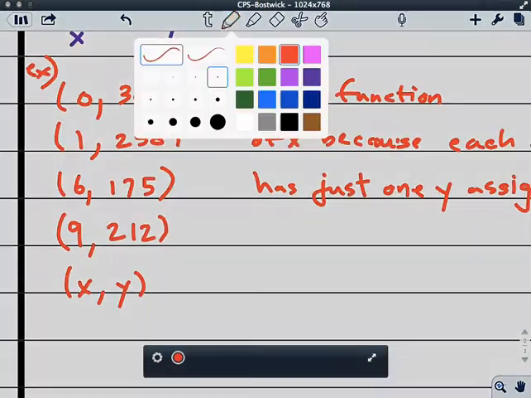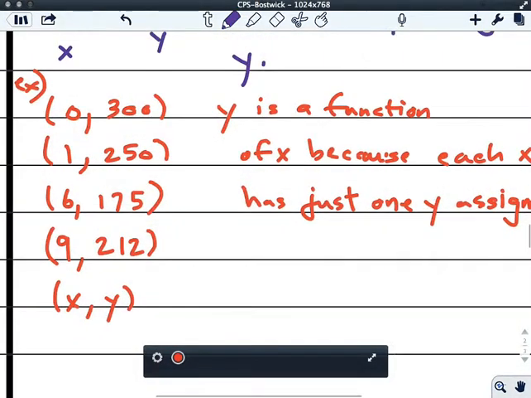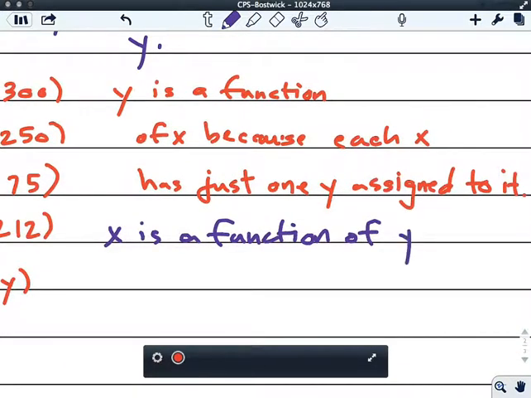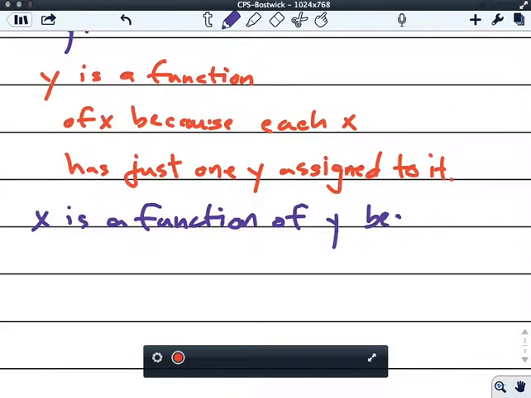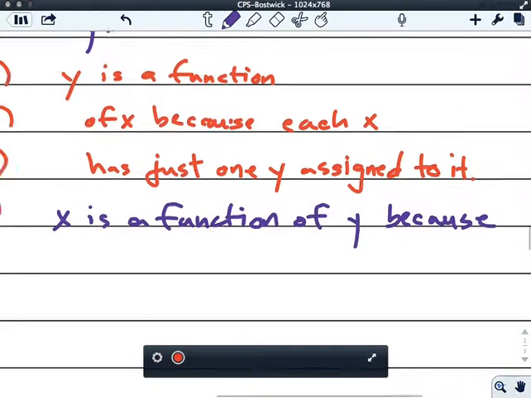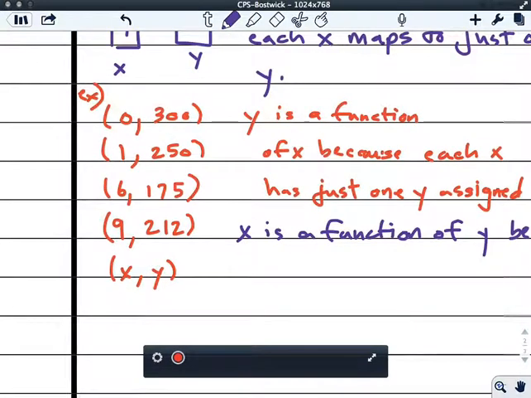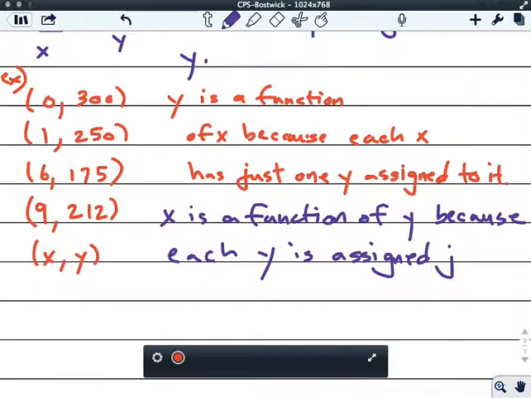However, we can also say this. x is, in this case, a function of y because each y is assigned just one x.